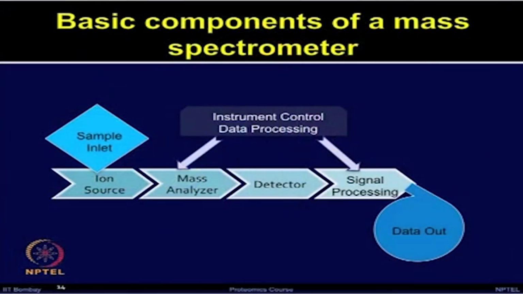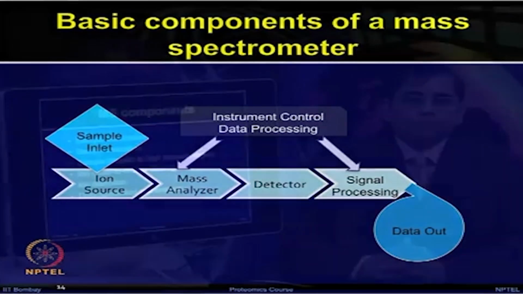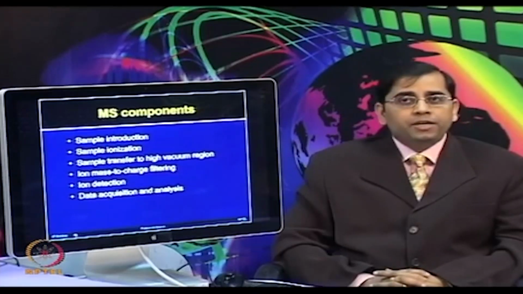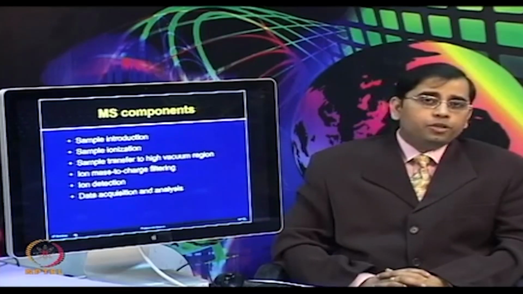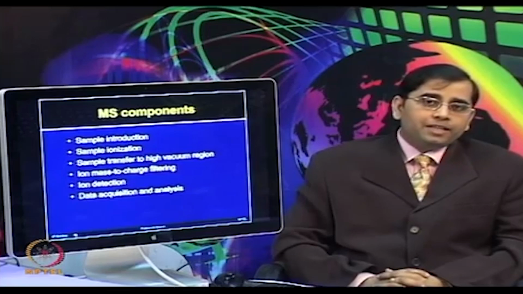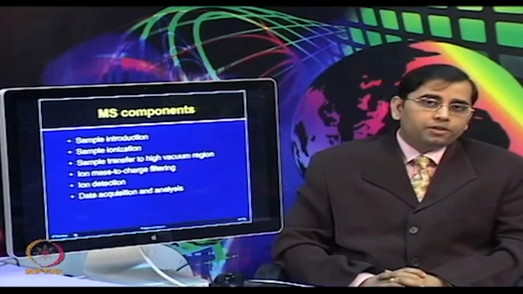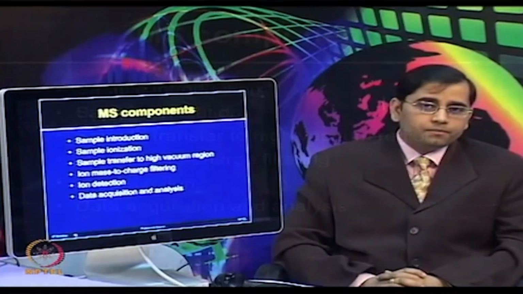So, although there are three major components involved, ionization source, mass analyzer and detector, there are some accessory components which are also equally important for doing mass spectrometry based experiments. Various components include sample introduction. One can couple that with HPLC or chip based technologies for doing liquid chromatography based separations.